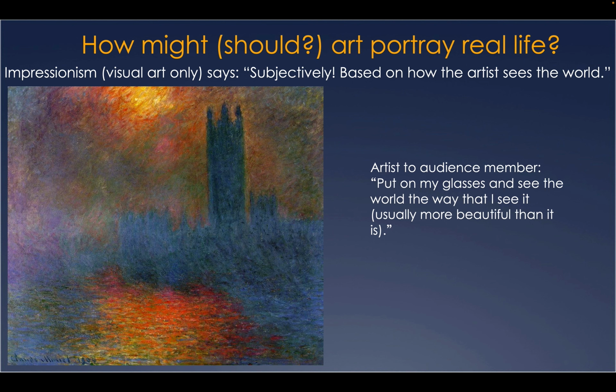In the specific case of Impressionism, that way is usually more beautiful than it actually is, right? You can see the beauty and the mystery of this moment is enhanced in the way it's painted. Quick note, Impressionism is really visual art only. There aren't exactly impressionistic plays. But I think from a visual art standpoint, this takes us one step away from straightforward realism.